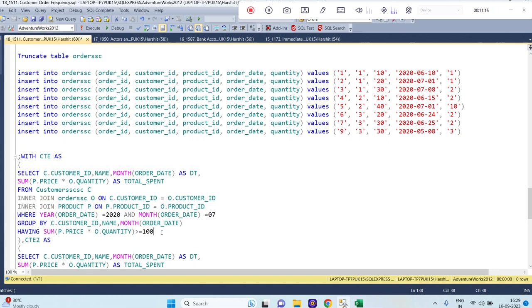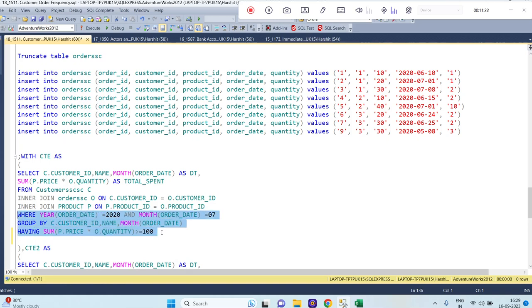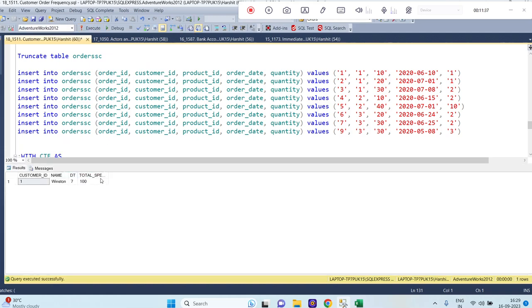For the month of July, I have encapsulated it into one CTE, and then I have multiplied the price by the quantity, and then the sum of this value should be greater than or equal to 100, right? In the month of July and year of 2020. So if you see over here, customer ID 1, Winston, has done 100 amount of total spend in the month of July, right?